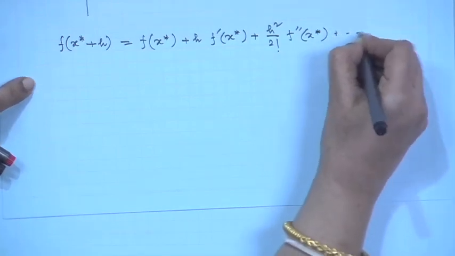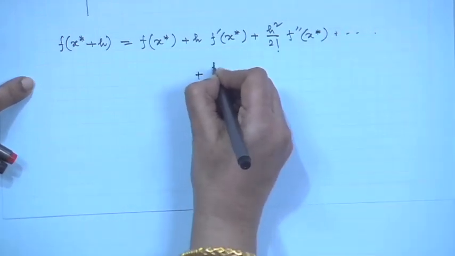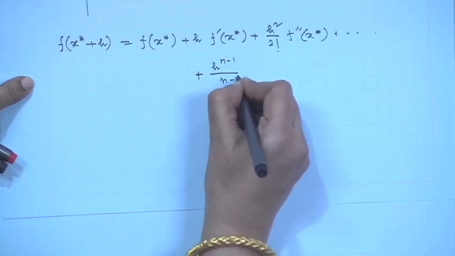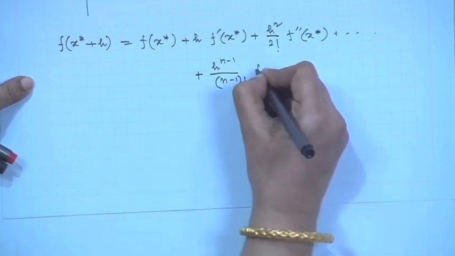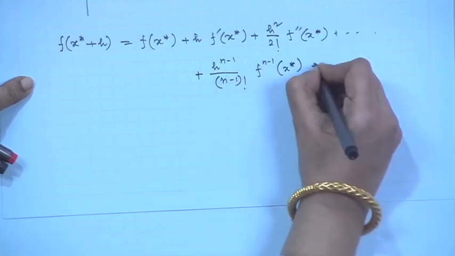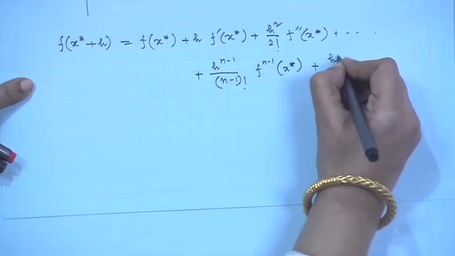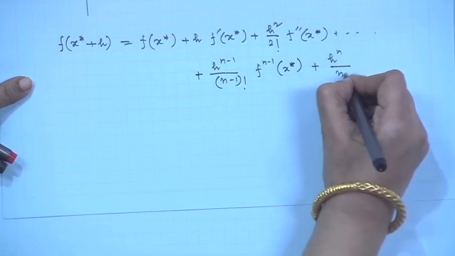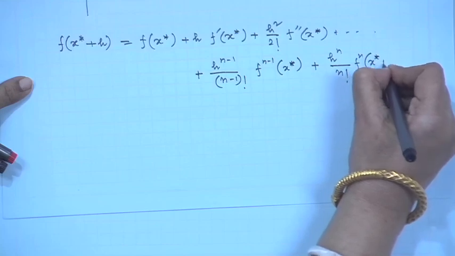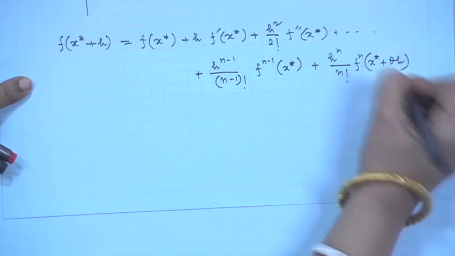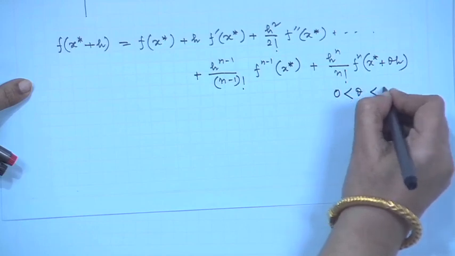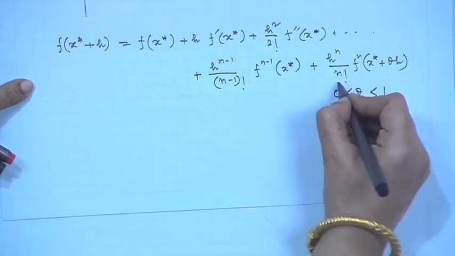That is why we will move up to the nth term like this, n minus 1. This is the nth term, and there is a remainder at the nth term, f^(n) of x star plus theta h, where theta is between 0 and 1. This is my remainder term.